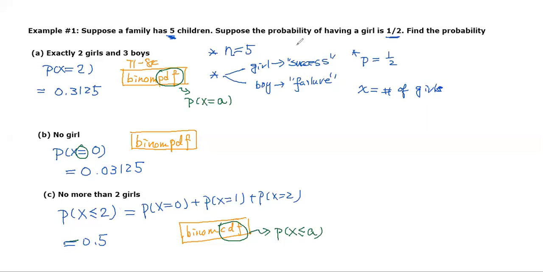Okay, so now let's take a look at another example. So now I think you'll feel pretty comfortable about this type of binomial distribution here. Okay, so let's see here. So this is example number 2.